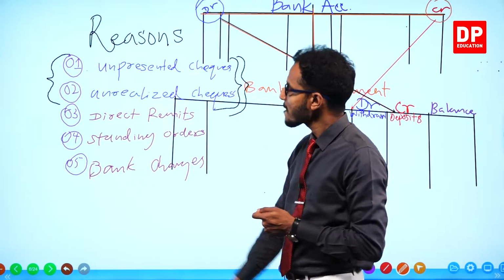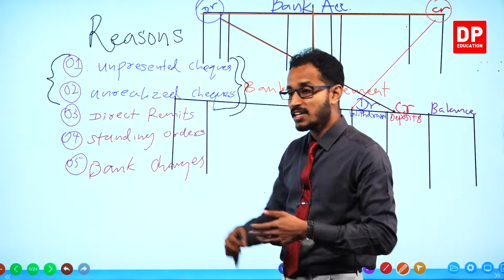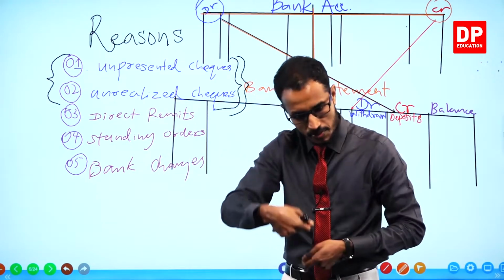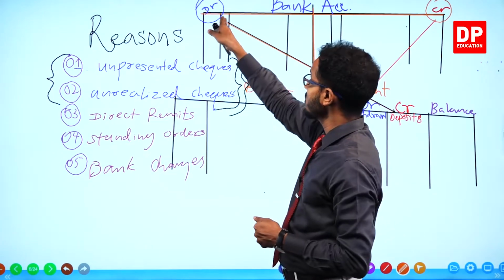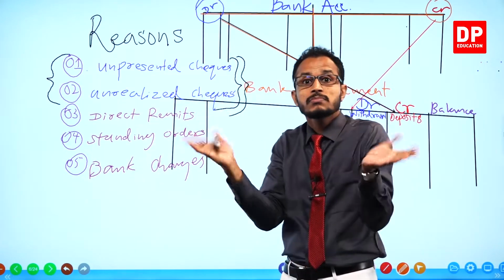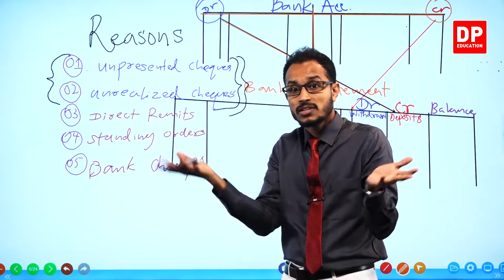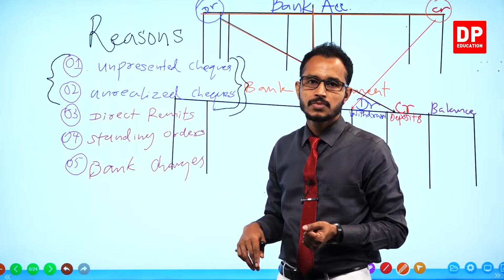Now you remember. Just like that, unrealized checks are the checks that we have received and deposited in the bank. We have debited when we deposit, but the bank has not yet realized them.